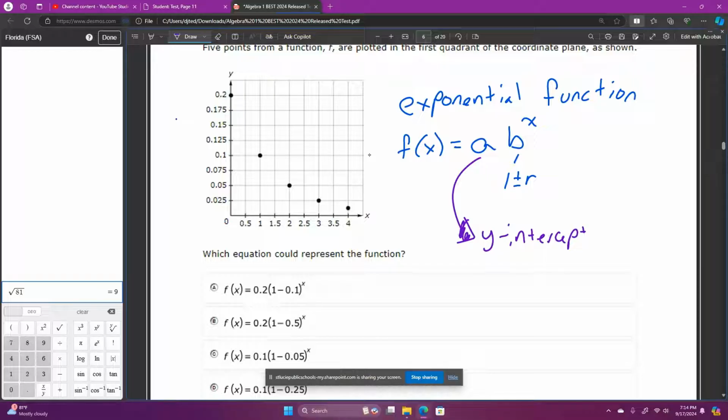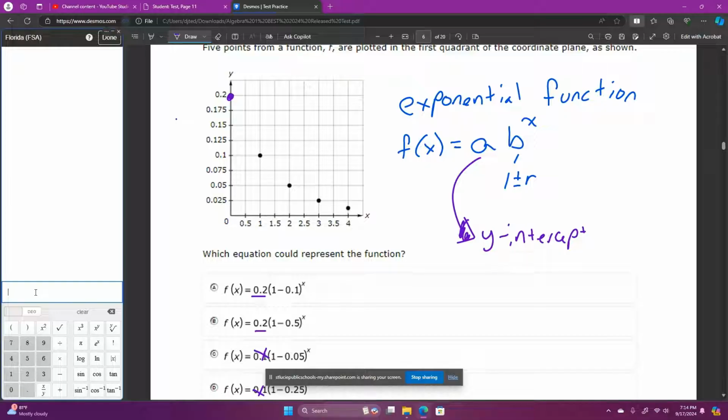So if I look at the graph, we can see our y-intercept is at 0.2. So these both have that part right. And then here, one of these is correct and one of them is wrong. So we need to check and see.